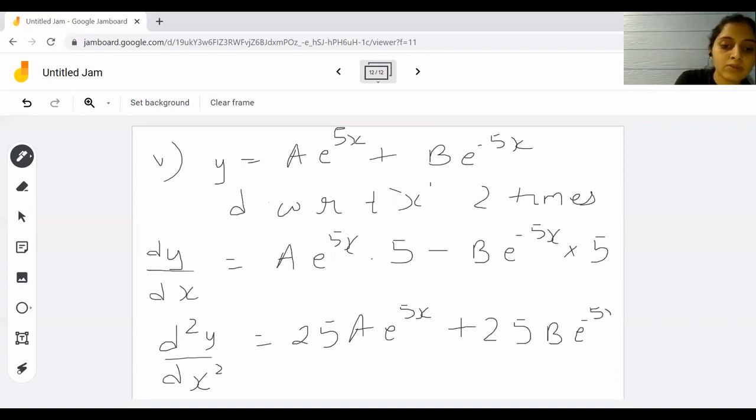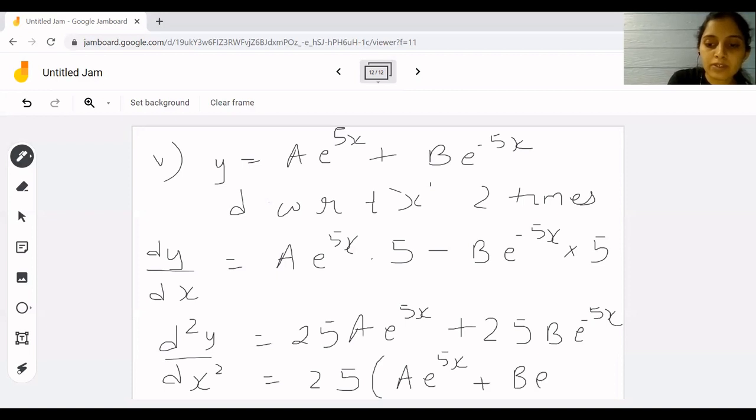Okay, what we'll do is we'll take 25 common, so you'll get 25 in bracket a e raised to 5x plus b e raised to minus 5x. What is this? The question itself, right? So you can write d2y by dx square is equal to 25y.